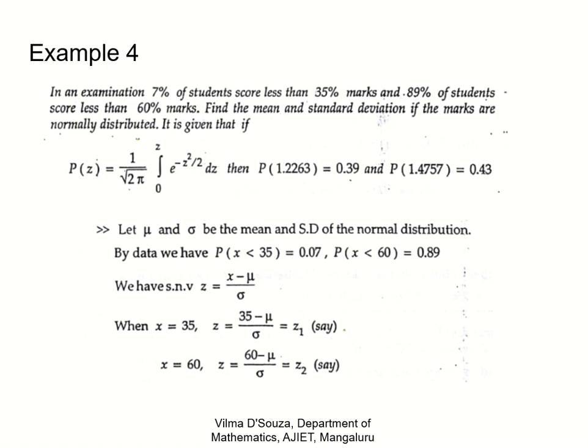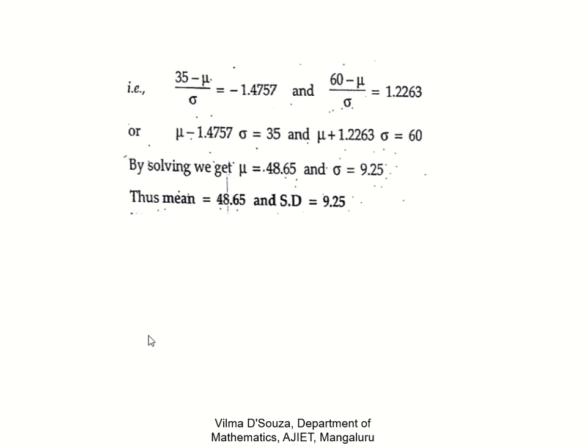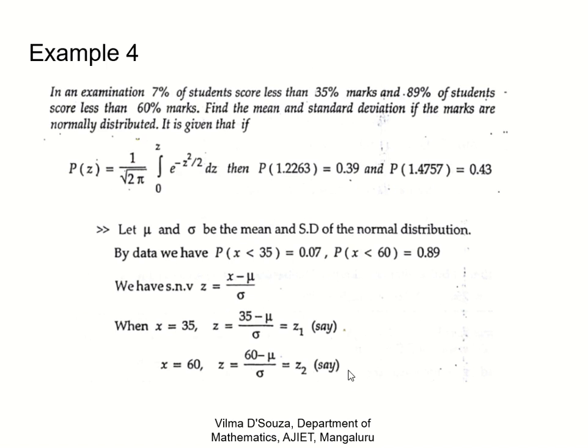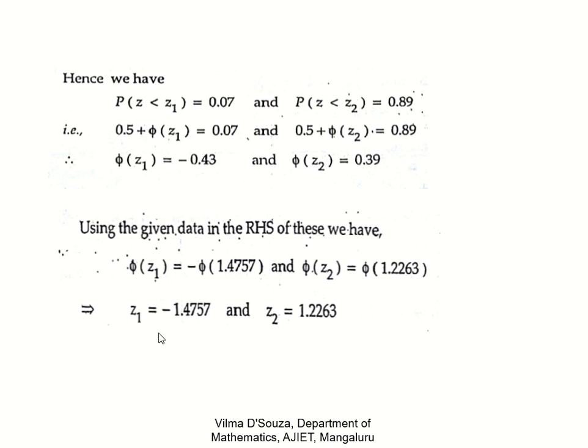What is your Z1? Z1 is 35 minus mu by sigma. So 35 minus mu by sigma is equal to minus 1.4757. Go back and see, Z1 is 35 minus mu by sigma.